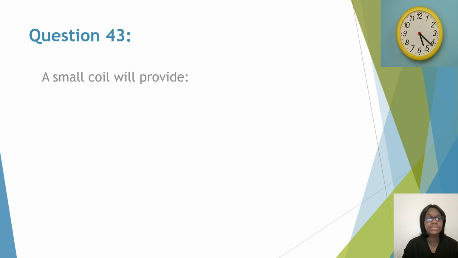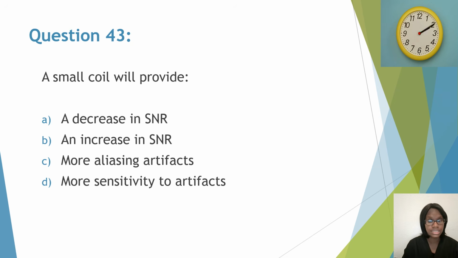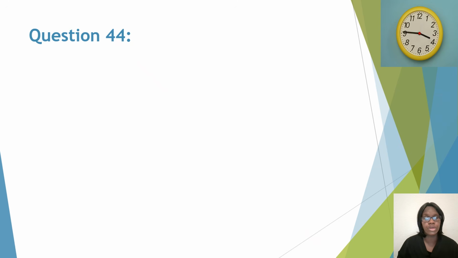Question 43. A small coil will provide A, a decrease in SNR, B, an increase in SNR, C, more aliasing artifacts, D, more sensitivity to artifacts. All right, the correct answer is B, an increase in SNR. Question 44.